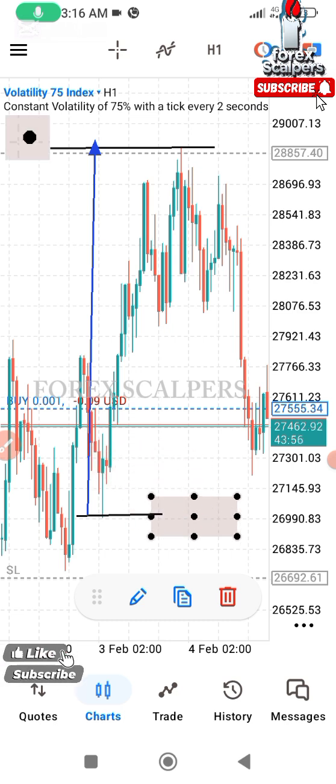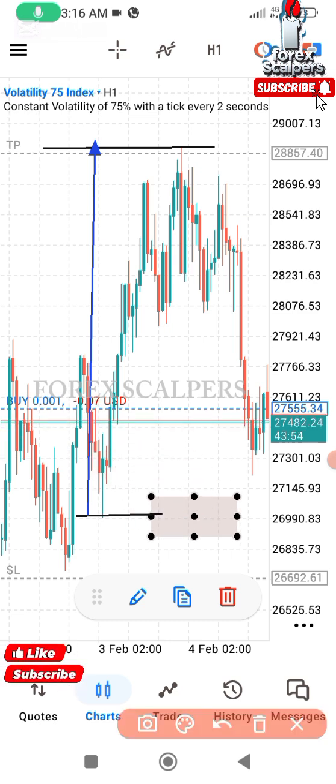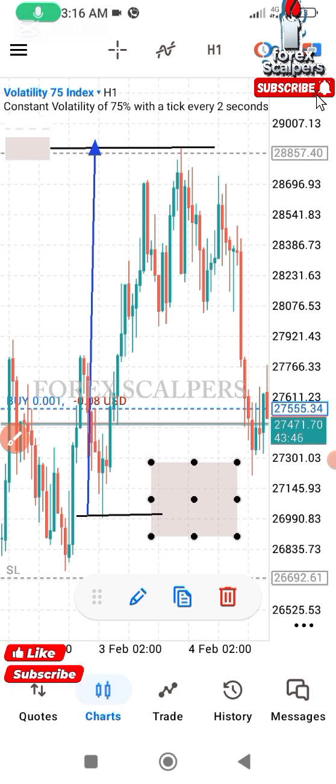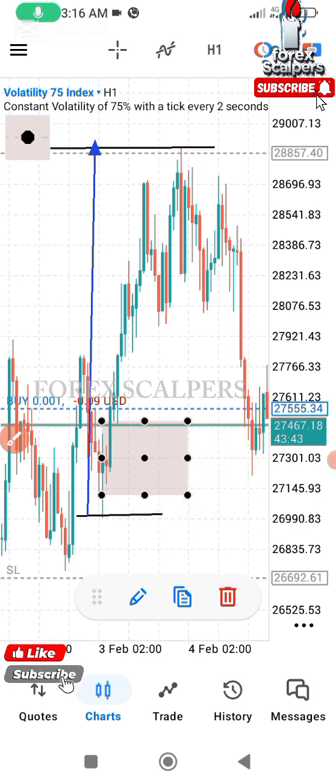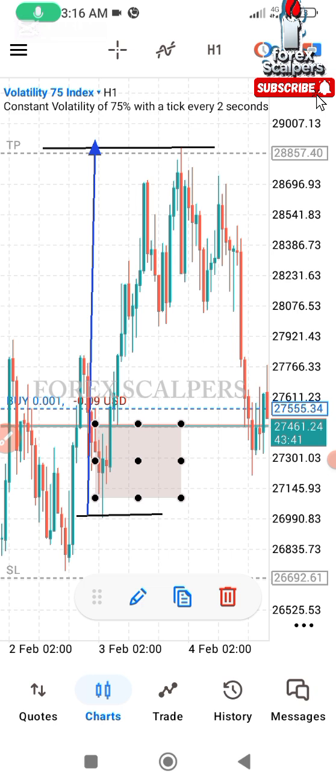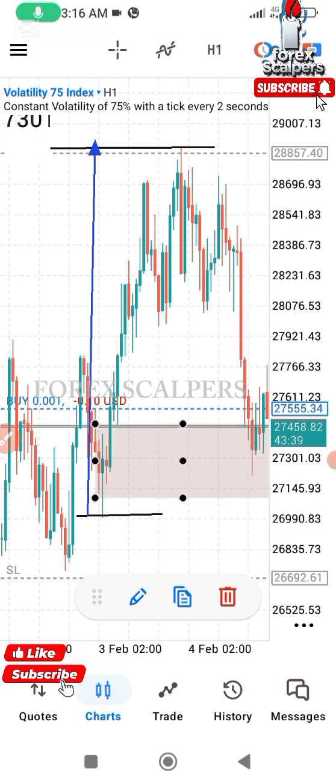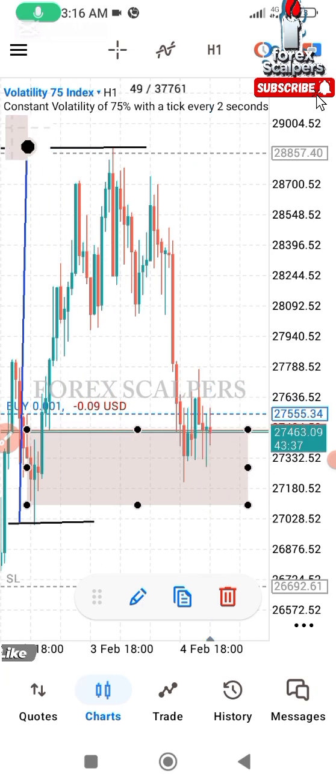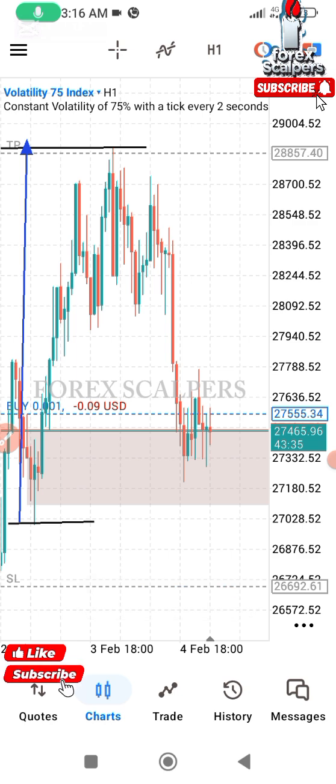So if you look carefully, there is also a fair value gap here and here. So because they are close, I will mark both the other block and the fair value gap together. So I just marked out both the other block and the fair value gap.